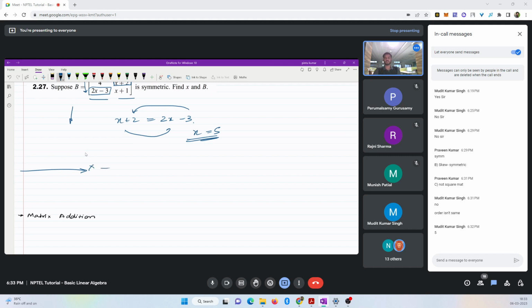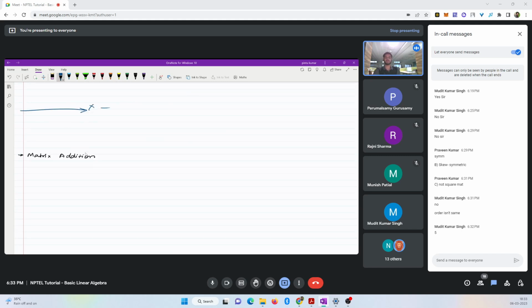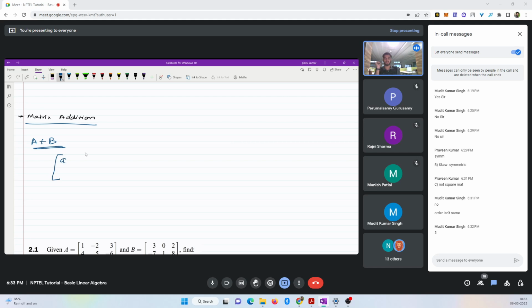Okay. Next topic that I thought I would cover is matrix addition. So let's say you have a matrix A. Now you want to add it with another matrix B. How do we do the addition? Let's say you have A11 over here. Now I'll switch to some generic notations.